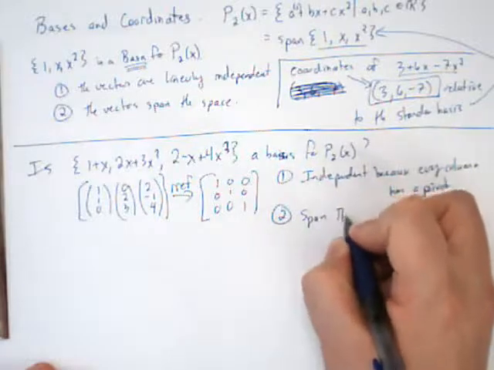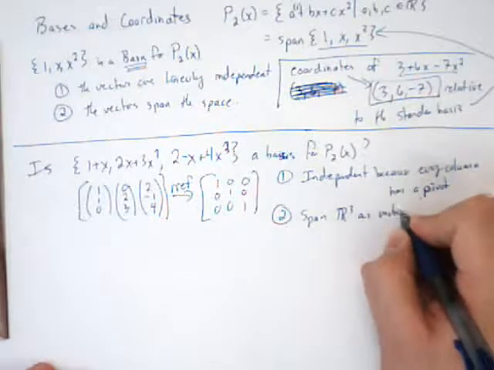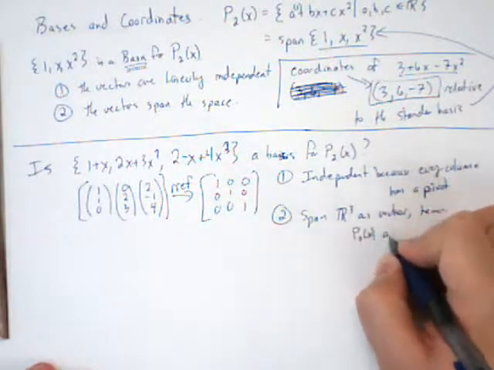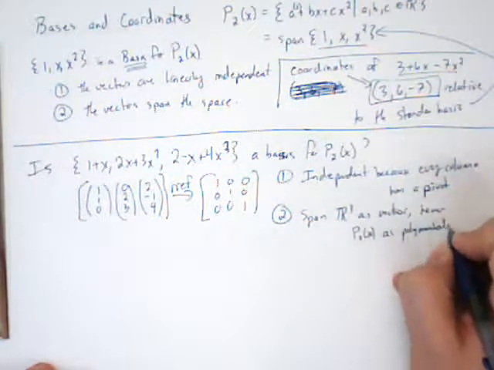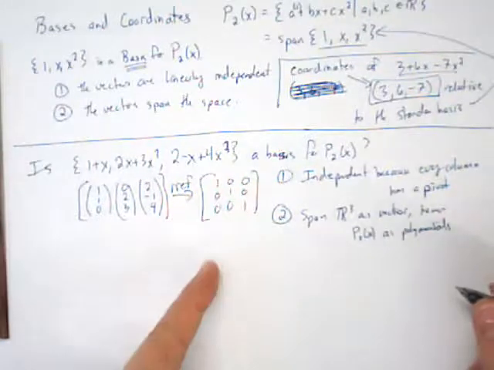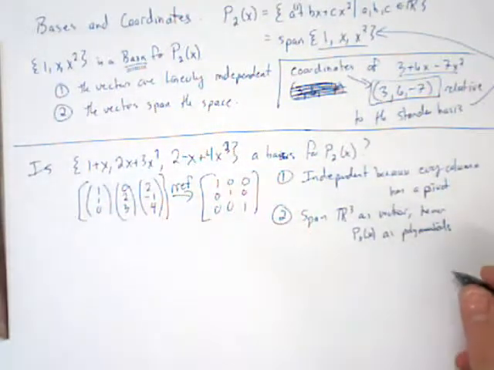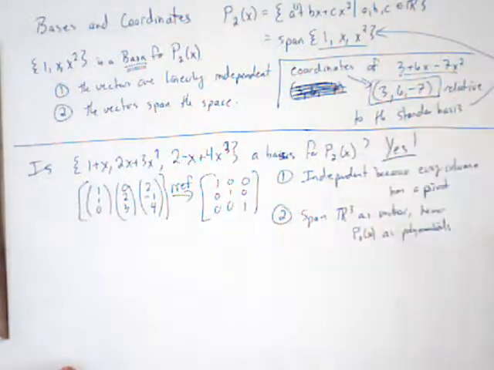Well, they span R3 as vectors, hence P2 as polynomials. Because every column has a pivot, we know they're independent, and because every row has a pivot, we know they span the whole space. So is it a basis? The answer to that is yes.